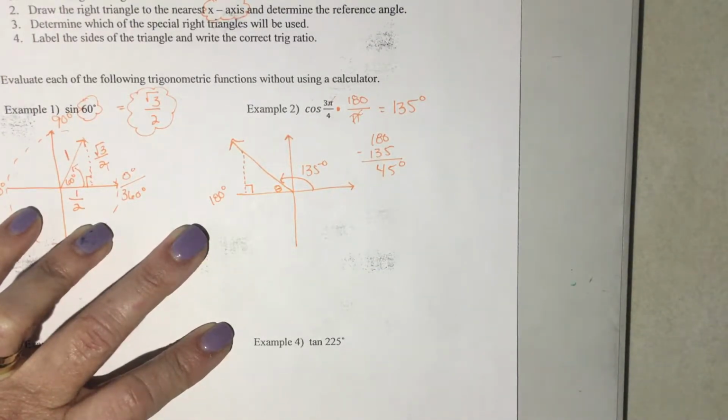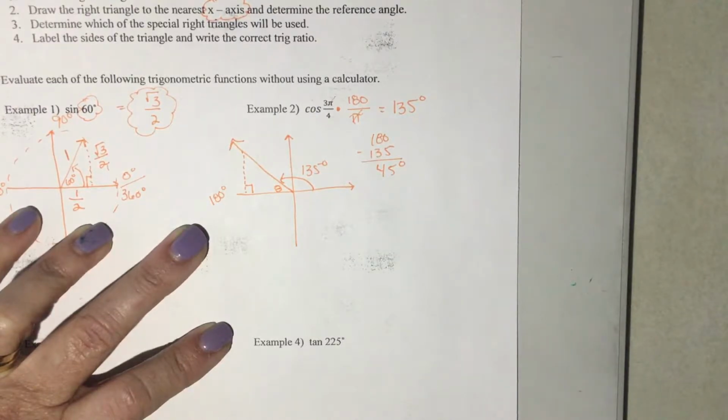Now, let me give you a huge hint. If I'm asking you to find the exact value without a calculator and without using your unit circle, and you're to locate a reference angle, if that angle is not a 30 degree, a 60 degree, or a 45 degree angle, you've done something incorrect.